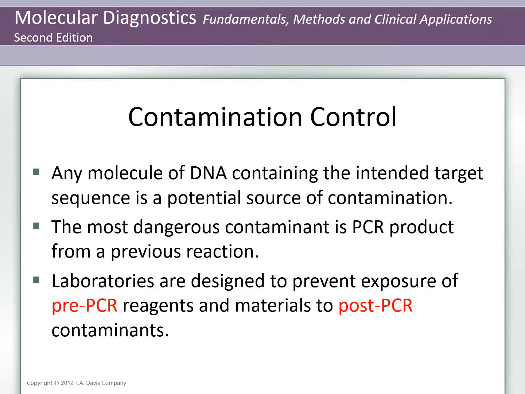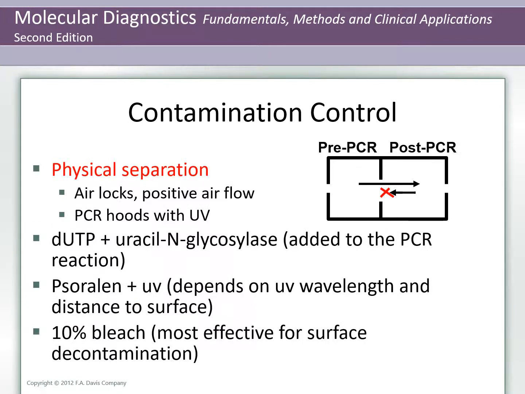This is why laboratories are designed to prevent exposure of pre-PCR reagents and materials to post-PCR contaminants, and this is why the unidirectional flow is an important concept in PCR workup and procedures. Several different methods can be employed to control contamination. So one of the first is physical separation. So airlocks and positive airflow can be employed along with PCR hoods that utilize ultraviolet light.